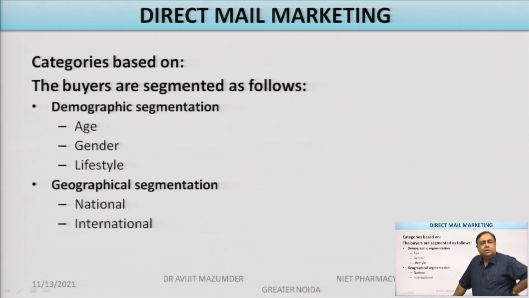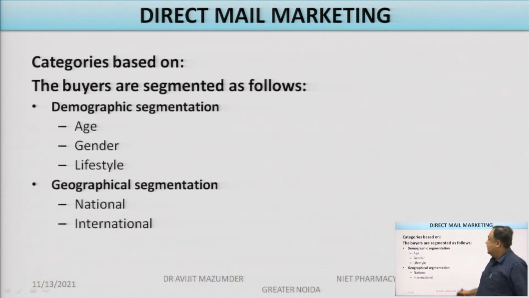Now, the question is, to whom are you going to send the mail? You will be sending it to the buyers. The buyers are segmented basically on two broad bases.